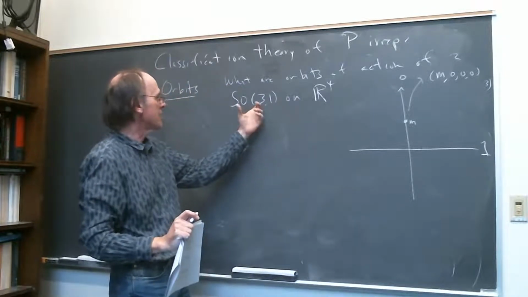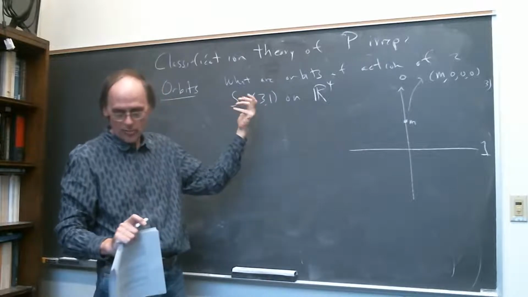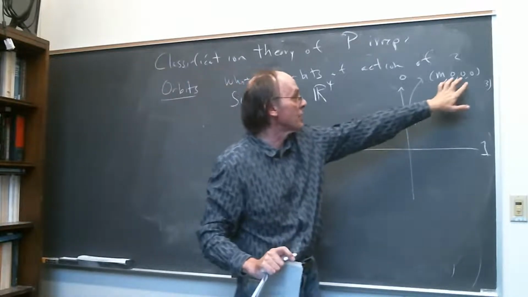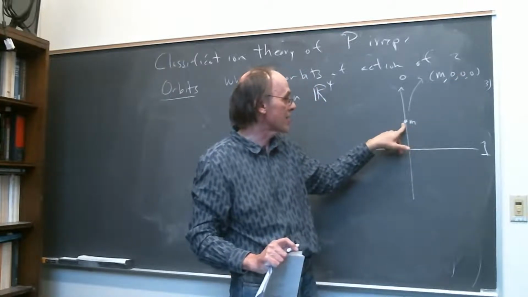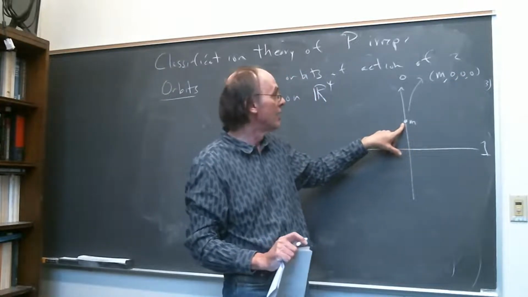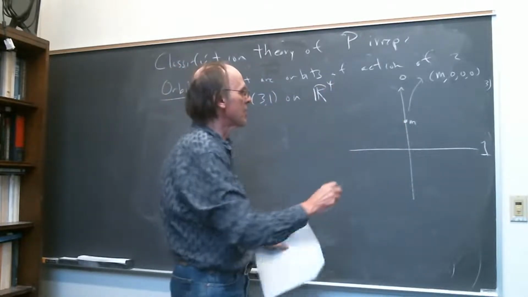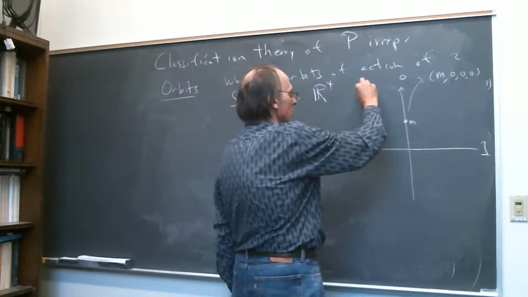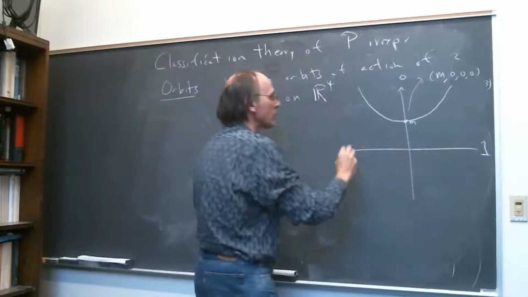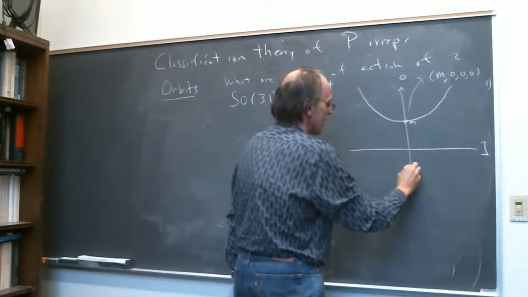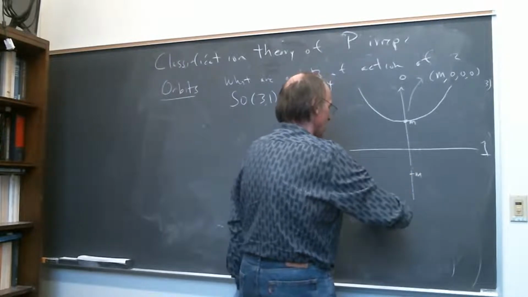The rotation group, the SO3 subgroup, just leaves this alone. It doesn't do anything to this because it's 0 here. So this is invariant under rotations SO3, but the 3-dimensional boosts move it on a hyperboloid. They're going to look like that, and then you get the same thing on minus M. You're going to get something that looks like this.